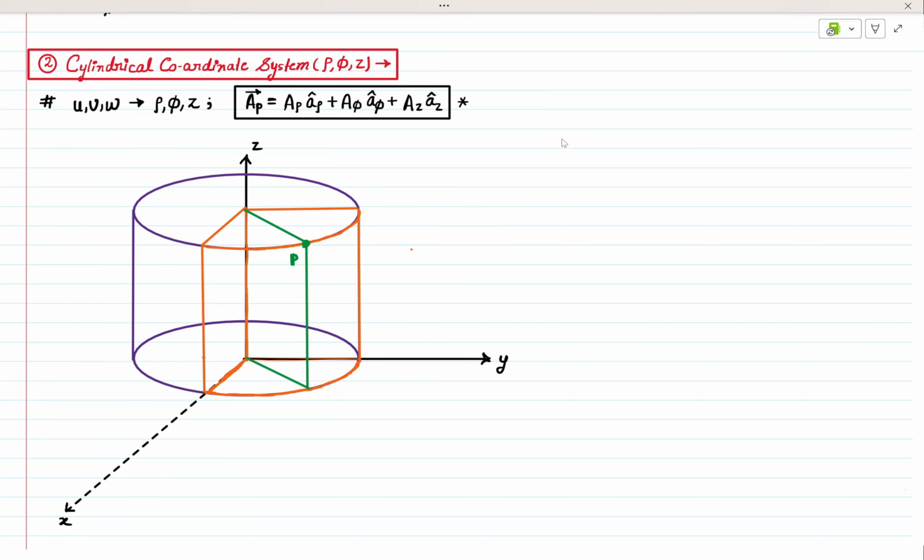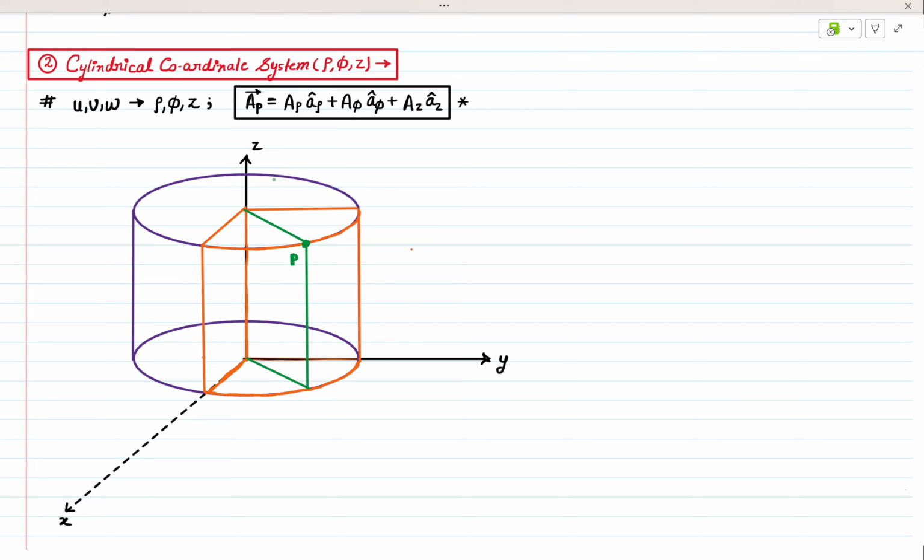Now look at this cylindrical shape very well. Above this cylinder, I'm considering a point P over here. I think the point P is clearly visible. As the point P is over here, there is a particular distance between the z-axis and the point P, and also the point is at a particular height above the xy plane, just like the cylinder.